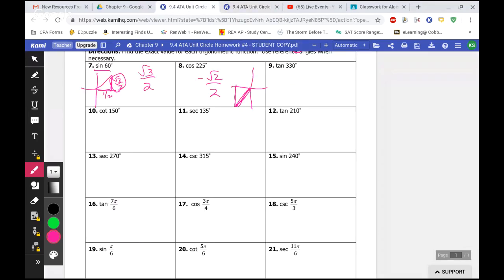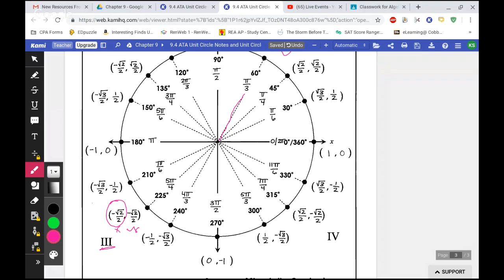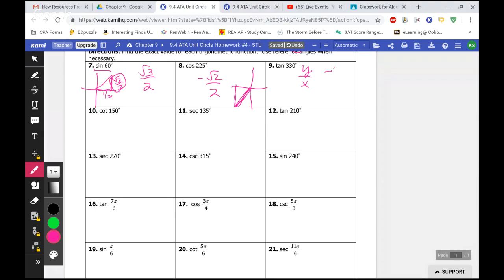Tan 330. So tan is y over x. If we go over to our unit circle and look for 330, here's tan. So we've got negative 1/2 over root 3 over 2. Remember, when you have a complex fraction and you divide, you only have to deal with the numerators because the denominators would cancel.